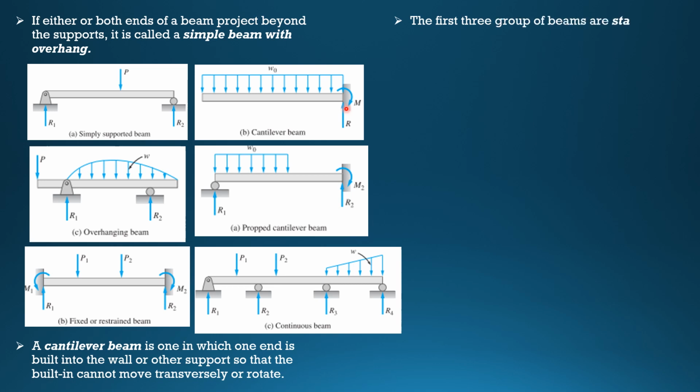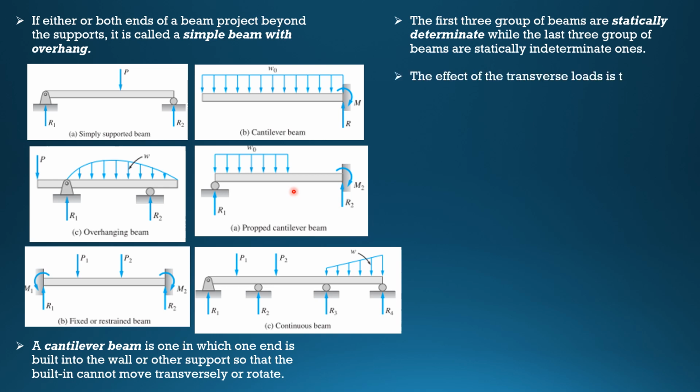The first three groups of beams are statically determinate, as mentioned earlier, while the last three groups of beams are statically indeterminate ones. So, of course, we will discuss this, but we will concentrate on the first three first. In the subsequent chapters, these types of beams, the second group, will be discussed.